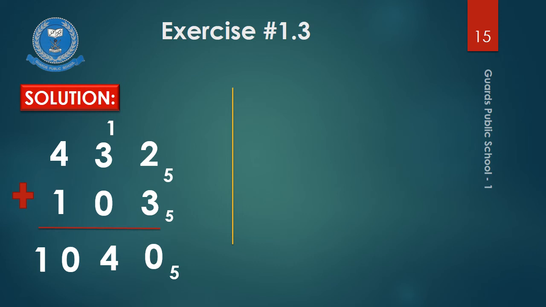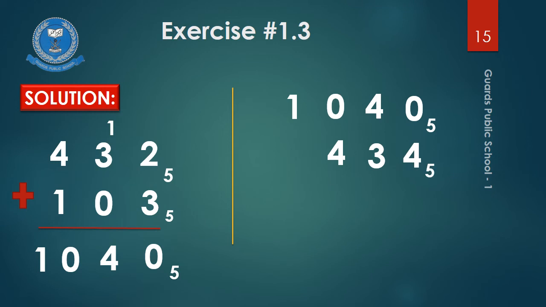Complete question is add 432 with base 5 to 103 with base 5 and then subtract 434 with base 5. Now you are going to subtract this 434 with base 5 from the answer of addition, which is equals to 1040 with base 5, and now I am subtracting 434 with base 5.